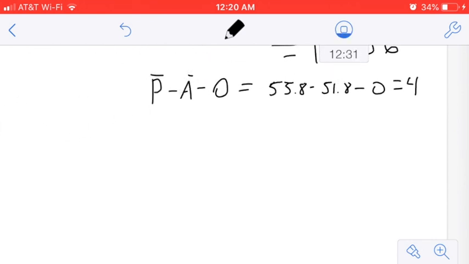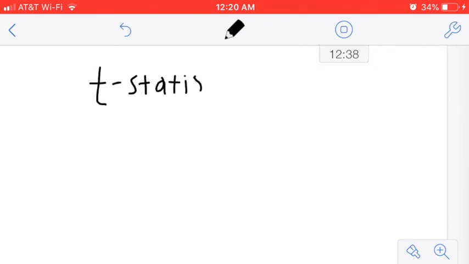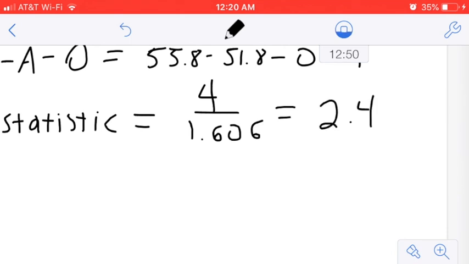So our T statistic is equal to 4 over 1.606, which is equal to 2.49.